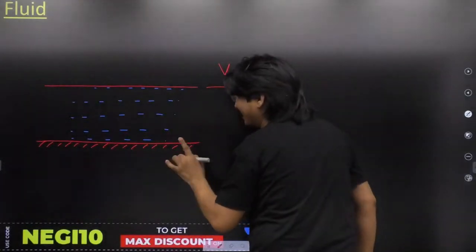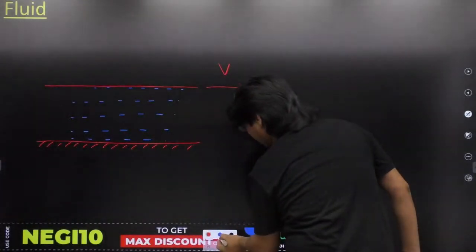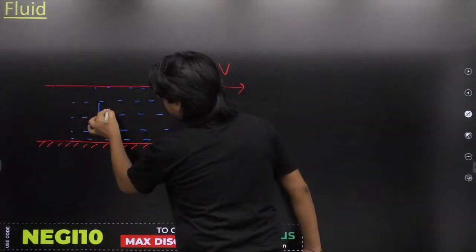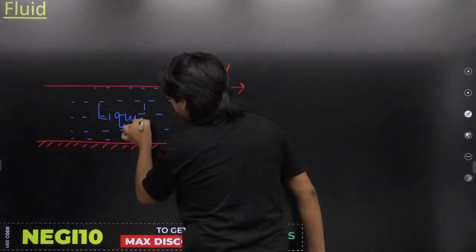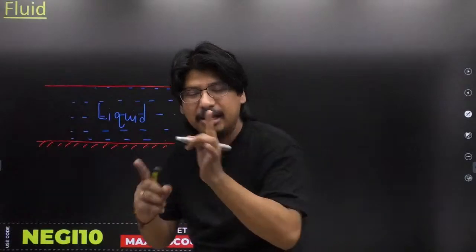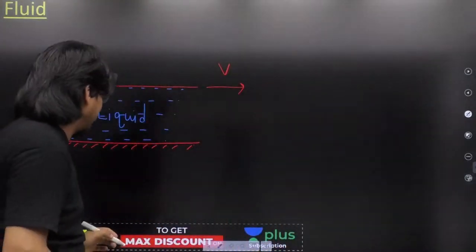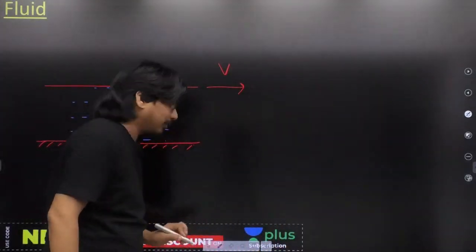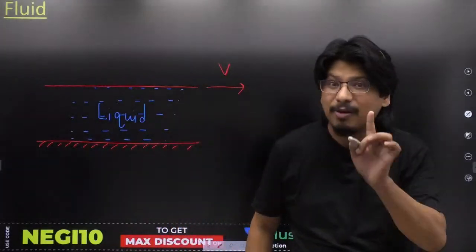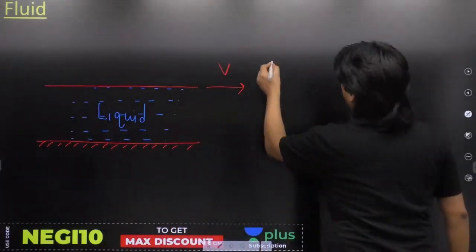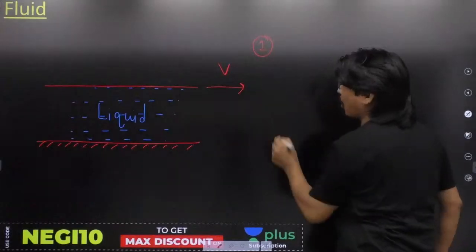Now look at here. This is your liquid. Now what have we seen here in this case? Do you remember what we have seen? First point. What was the first point here?